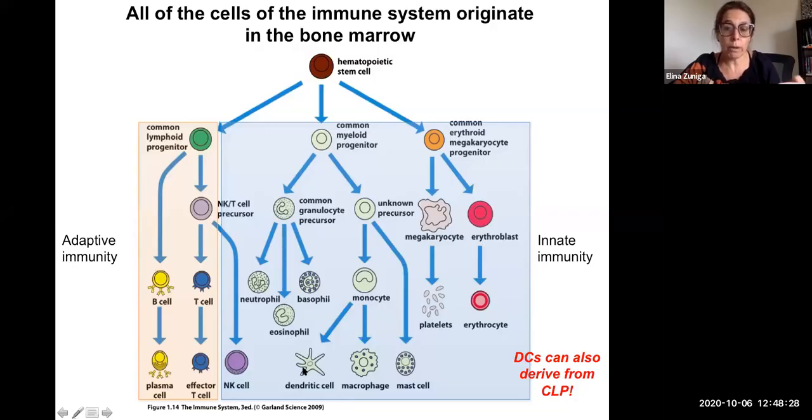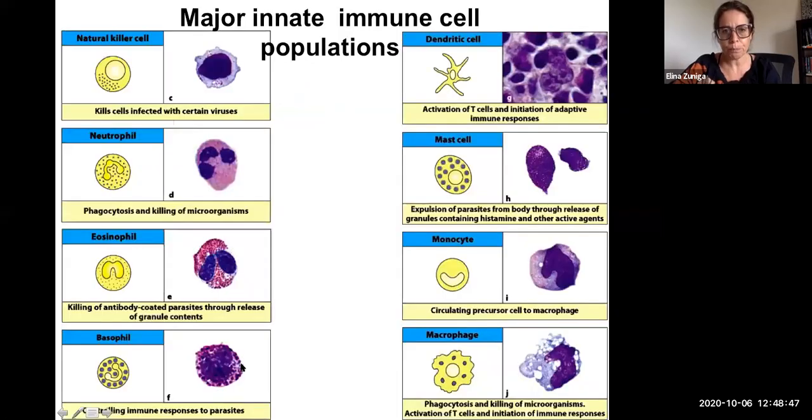There is ongoing research to further understand the developmental stages and developmental origin of dendritic cells. We also learned that natural killer cells, which are also professional innate immune cells, derive from common lymphoid progenitors.